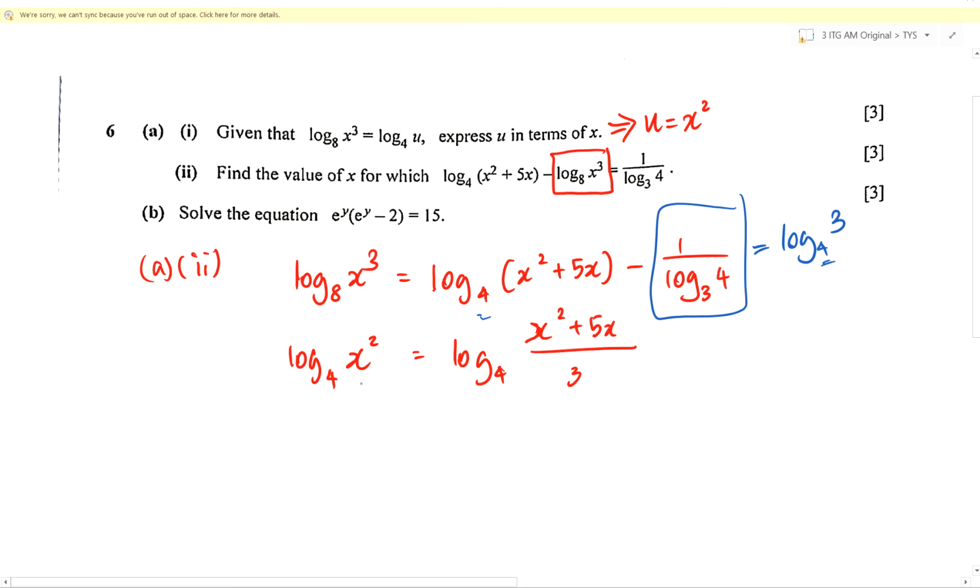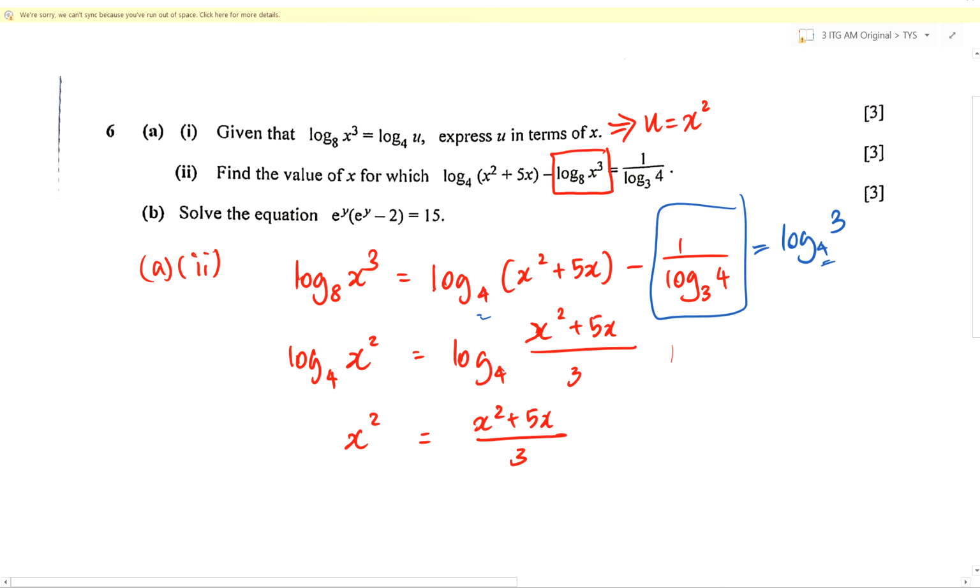And see, log base 4 of something equals log base 4 of another expression. Therefore, the two expressions must be the same. x squared has to be equal to x squared plus 5x over 3. Now this is a quadratic equation.